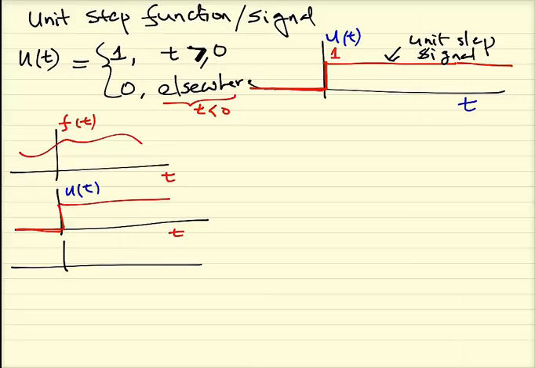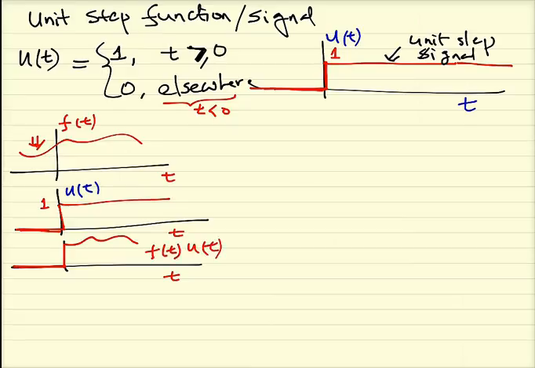So if you multiply this u of t with f of t, even though f of t is not equal to 0 there, the product will be 0. And when t is equal to or greater than 0, u of t equals 1, so you should have exactly the same value of the function. So here it will be like this. So this is f of t u of t.